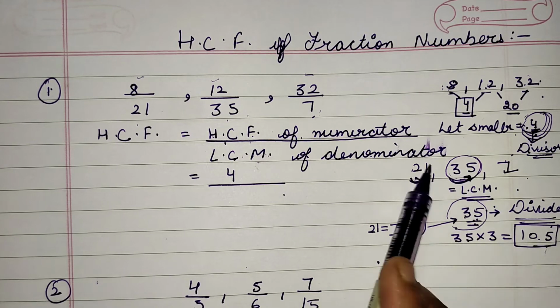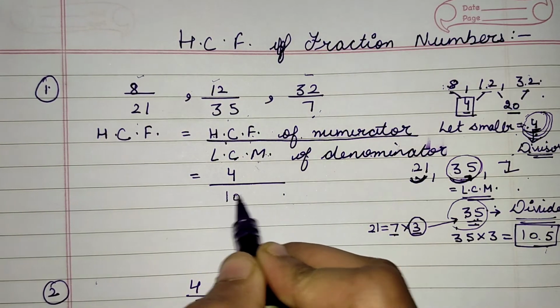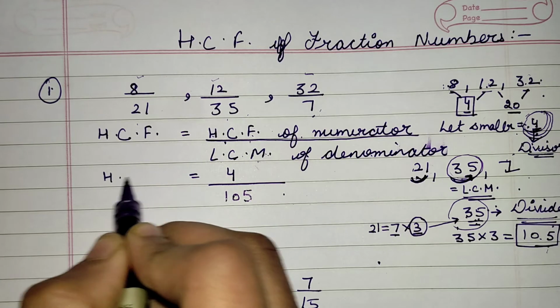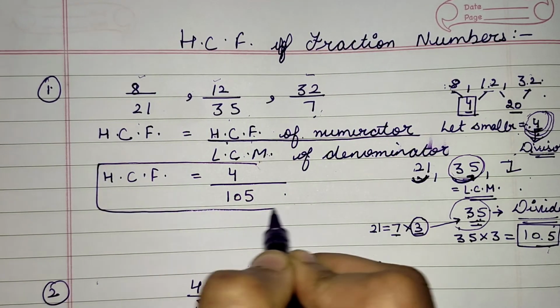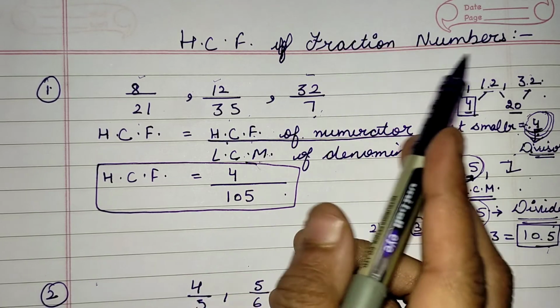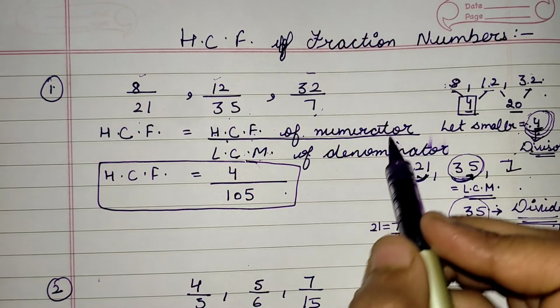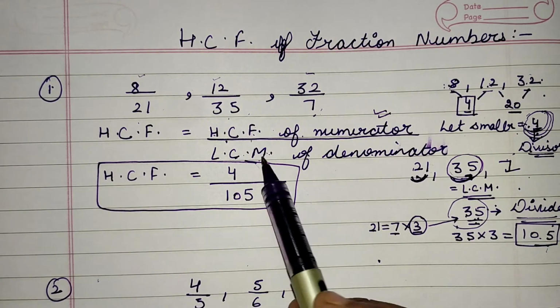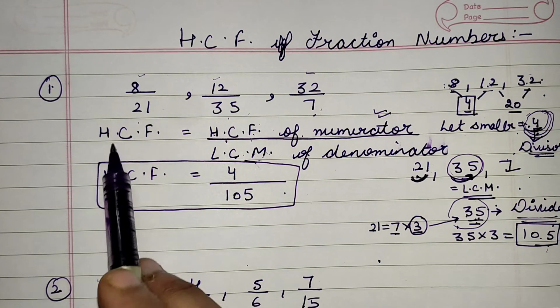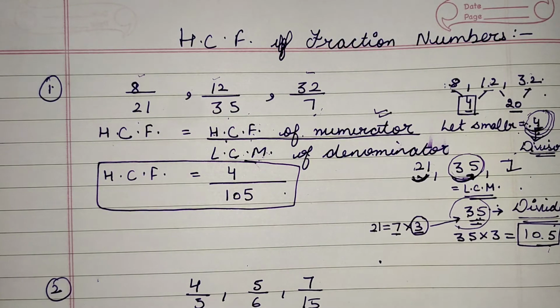Yes, now 105 is divisible by 21, so this is going to be my answer. See, there is no new trick to find the HCF of fraction numbers. You just have to remember this formula, and if you know the tricks to find HCF and LCM of numbers, then you will easily be able to find this.